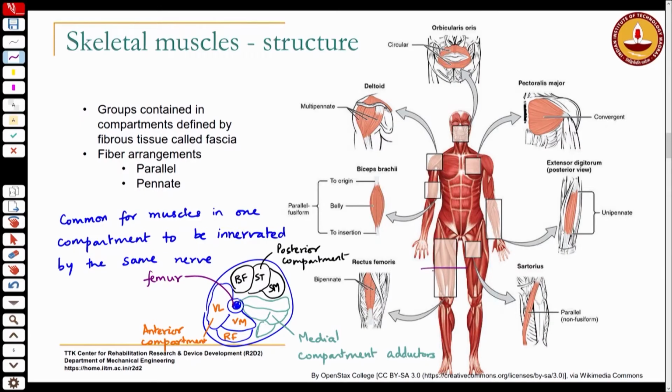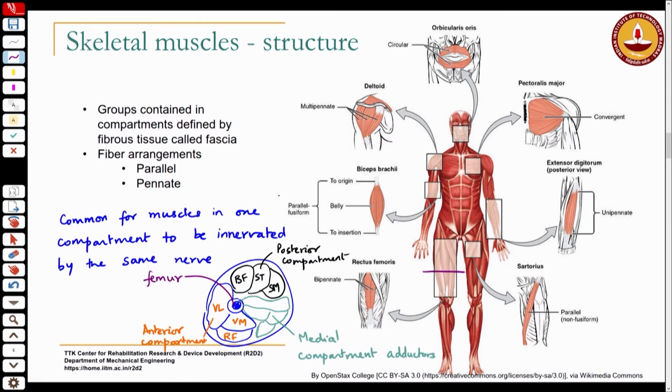From what I have marked here, it is the right leg. I have taken a slice there and that is what it looks like from the top. Because if this is the right leg, this is the medial. I have told you this is the medial compartment, this is anterior, this is posterior. So, you know what I am referring to.